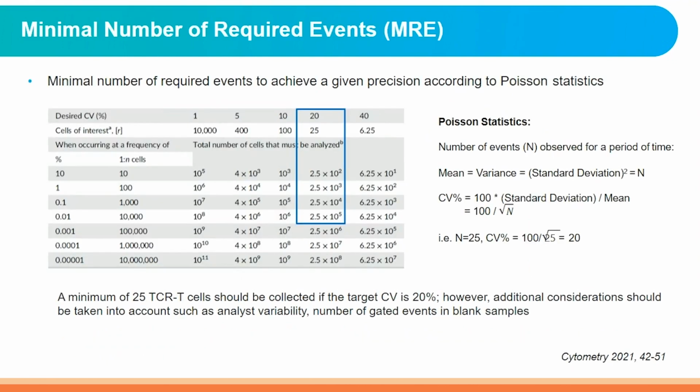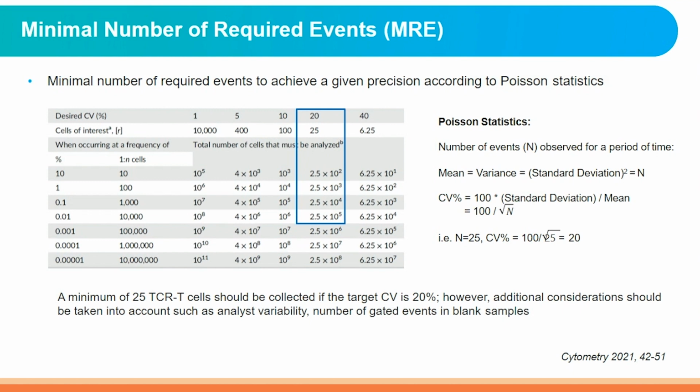We mentioned the minimum number of required events in the LLOQ assessment. The number of events collected in flow for a period of time generally follows a Poisson distribution. Based on basic statistics, we can get this formula: the percent CV of gated events is equal to 100 divided by the square root of the number of events.